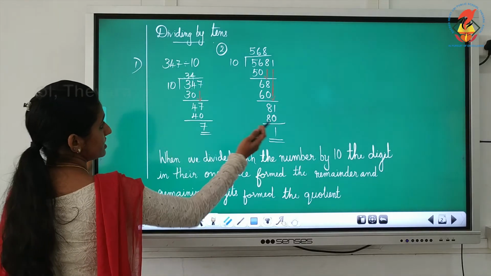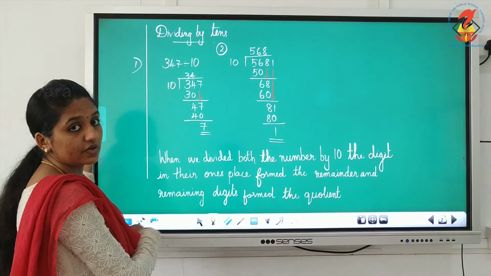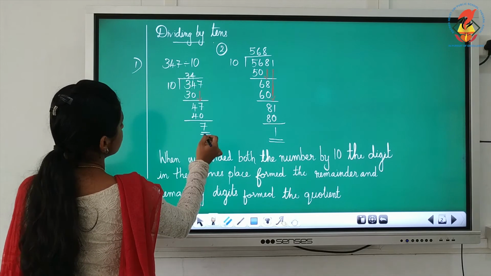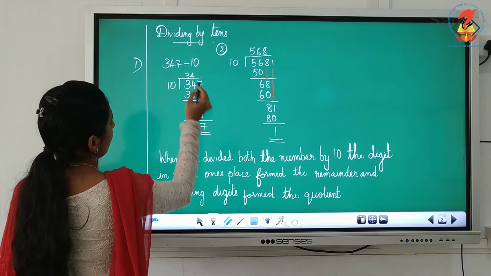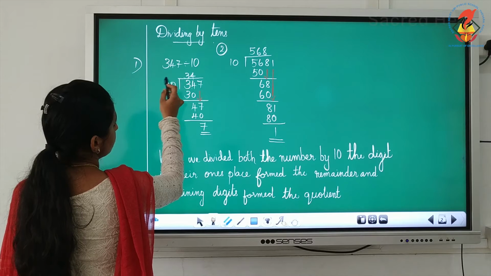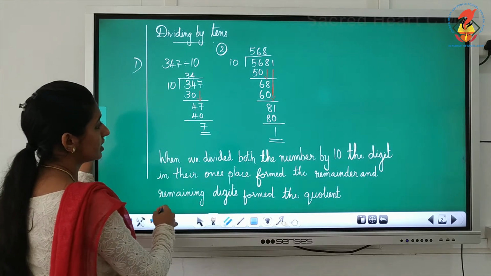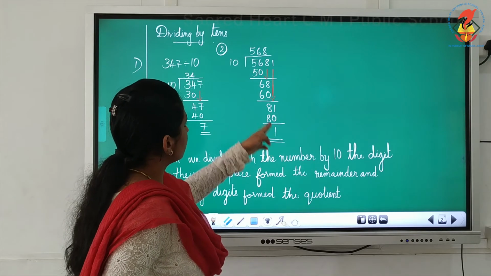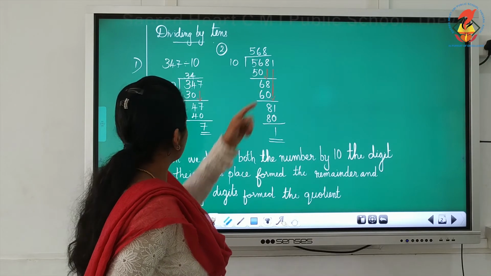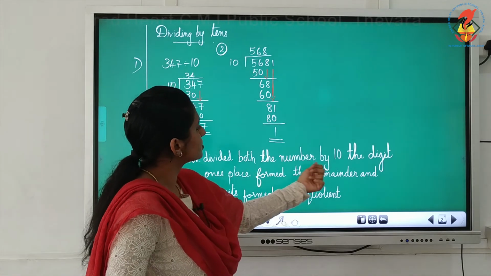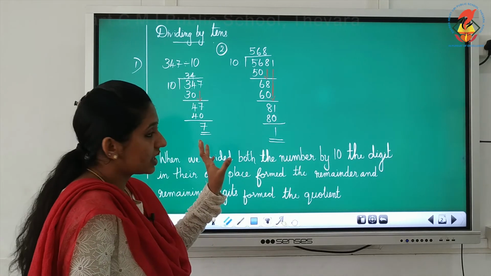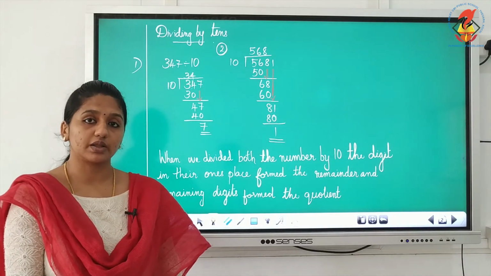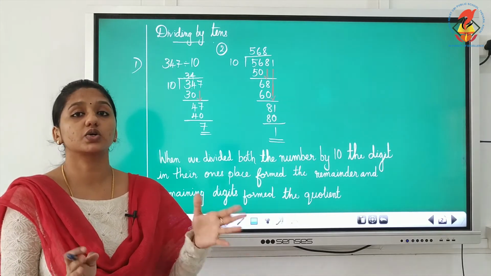So, when we are analyzing these two examples, we can understand the ones place number is going to the remainder and the balance numbers are the quotient. Here also the ones place number is going to the remainder and the other 3 digits are the quotient. When we divide a number by 10, the ones place number is going to the remainder part, other numbers are the quotient.